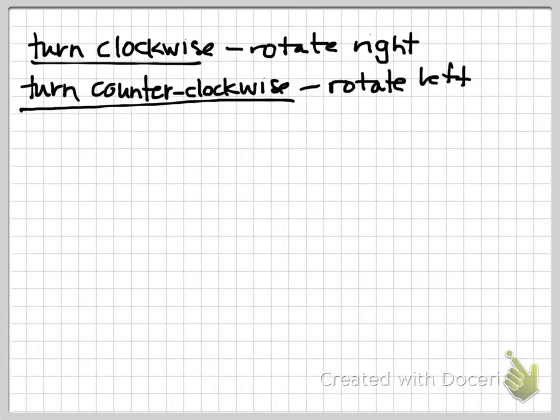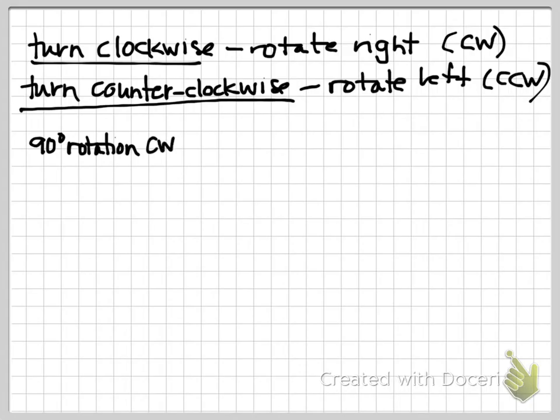So with these, we're going to talk about clockwise. These are all clockwise. We're going to use CW for clockwise and CCW for counterclockwise. So the first one is a 90-degree rotation, and we're going to do it clockwise.